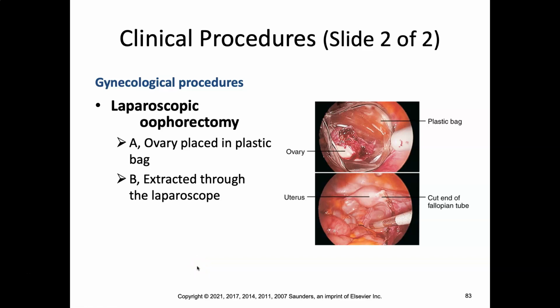This is a laparoscopic removal of an ovary. This is where they go in and they remove the ovary. The first picture is where the ovary is placed in a plastic bag, and then it's extracted through the laparoscope. It's amazing when you think about technology and how far it's come.